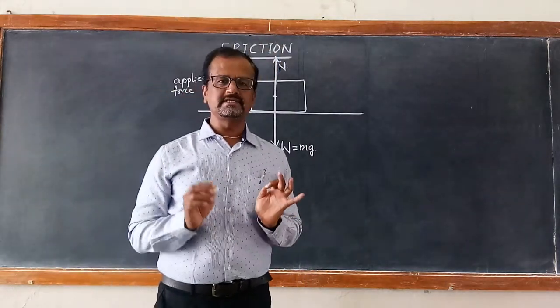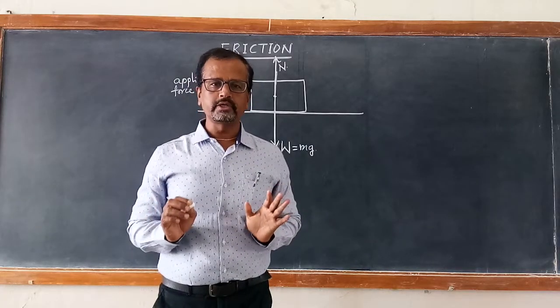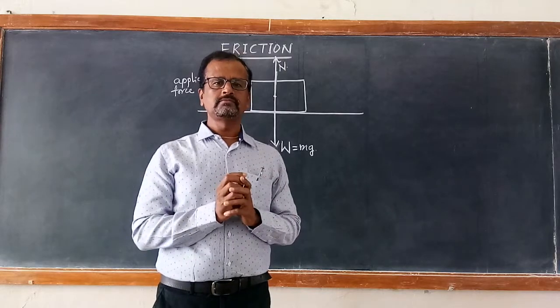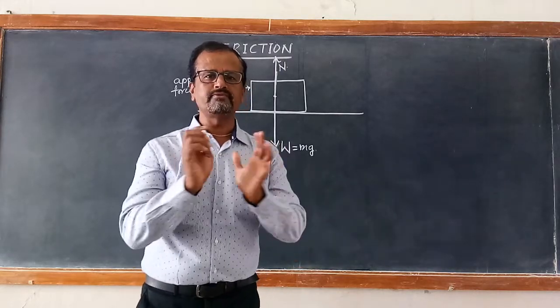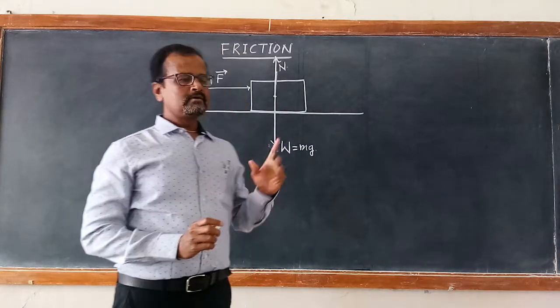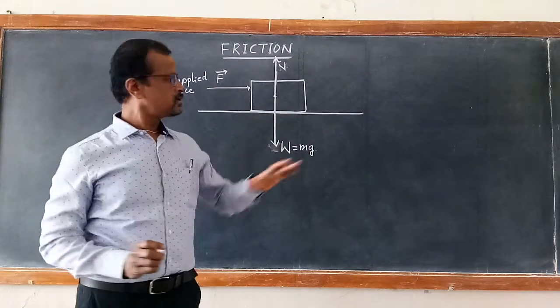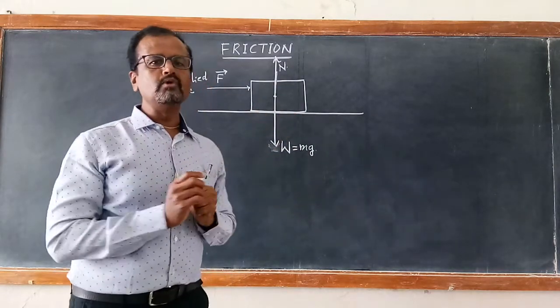If the amount of force is less, the desk doesn't move at all. Then slowly you go on increasing the force. Still the desk doesn't move. Then you apply a large amount of force, and the desk starts moving. This means for a small applied force, the block or the object does not move.